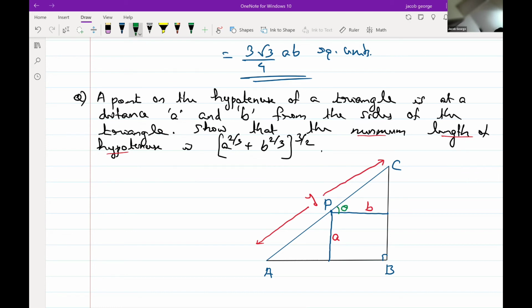If this angle is theta, by corresponding angle, this angle at A also will be theta. So let's write a name here, E, and here it is D, the two points. So PD is perpendicular, PE is also perpendicular.